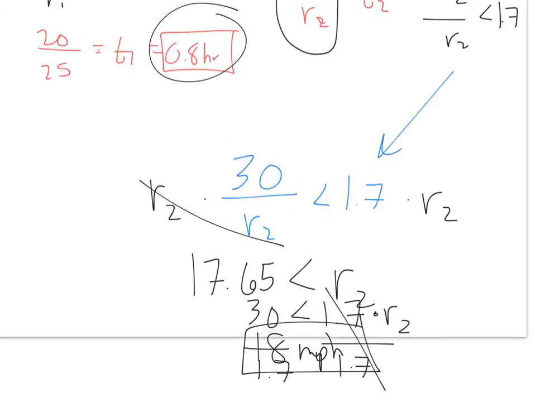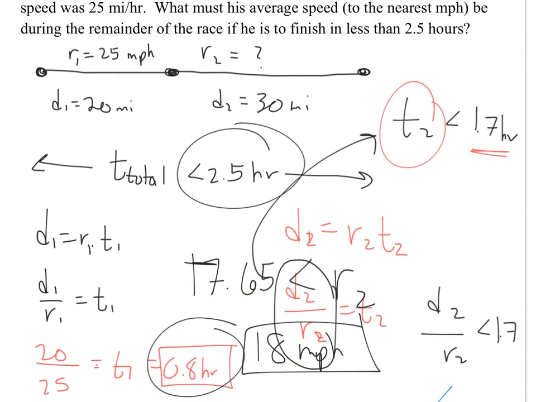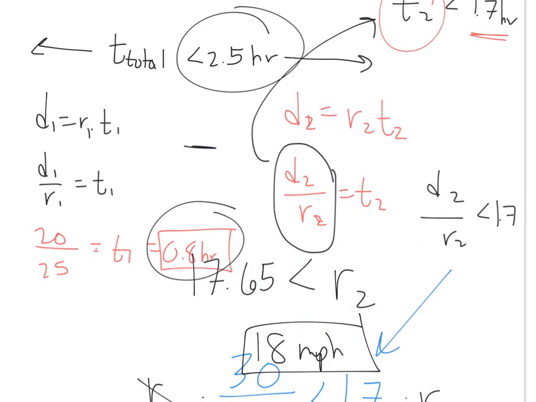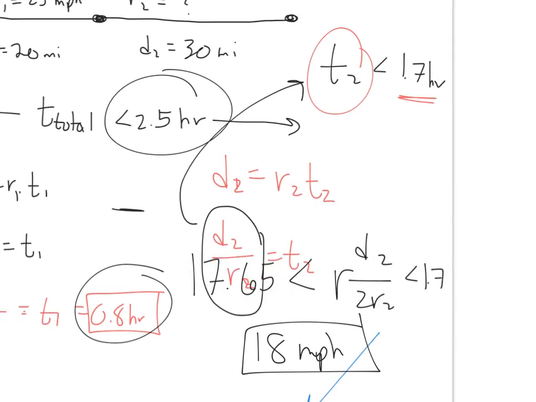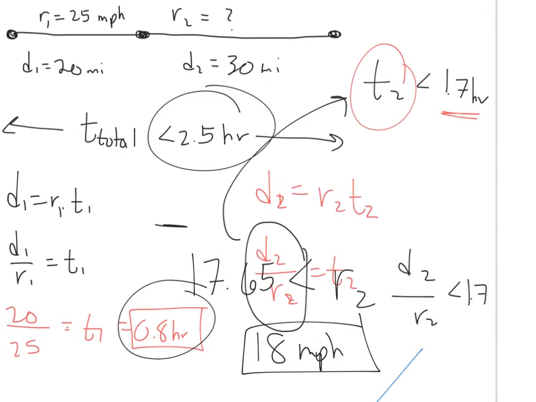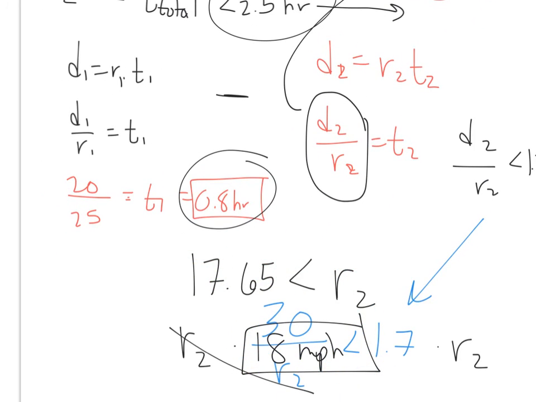Break it up into pieces. You've got the first leg of the trip taking 0.8 hours, which leaves you with 1.7 hours right here for the second leg of the trip. And if we know that's true, we set our time less than that. But if we solve any of these formulas, time is d over r.